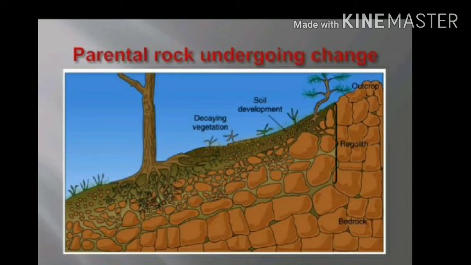Here you are able to see the vegetation and soil development, with the uppermost layer which is useful for agriculture. Here you are able to see the big trees, and just see the roots. The roots are penetrating down and down, by which they are giving strength to the plant.